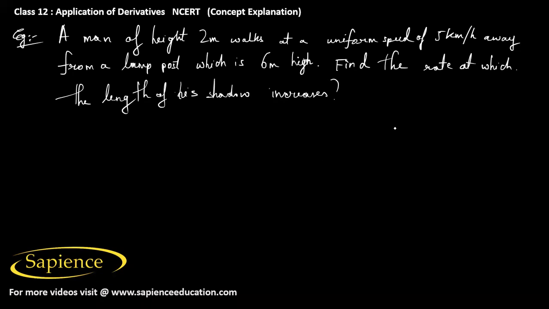So now here we have a lamppost and here we have the man. So the man is running at a uniform speed from the lamppost. Then the length of the shadow will be this. The length of the shadow, I can say that is L, and the height of the lamppost is 6 meters, and the height of the man is 2 meters.